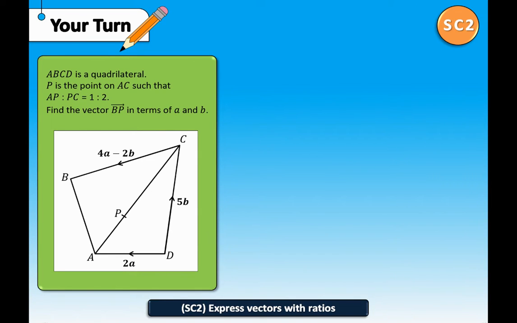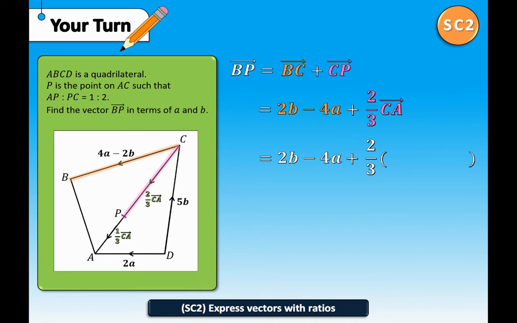So for the green question, we want to go from B to P. So to go from B to P, we can go from B to C, and then from C to P. So to go from B to C, that's 2B minus 4A, and C to P is 2/3 of C to A. To go from C to A, go from C to D, and then from D to A. So that's minus 5B plus 2A.